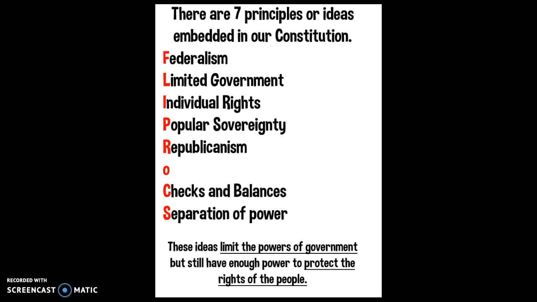Now, the reason why they're there is to limit the powers of government, as you see here. With the Articles of Confederation, everybody was scared of too much power given to the federal government.